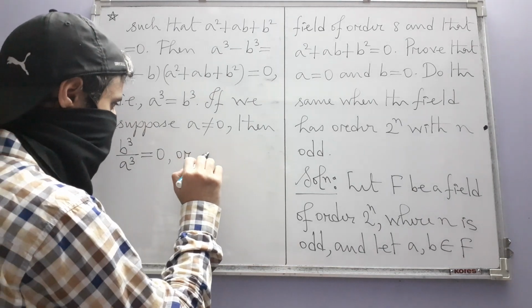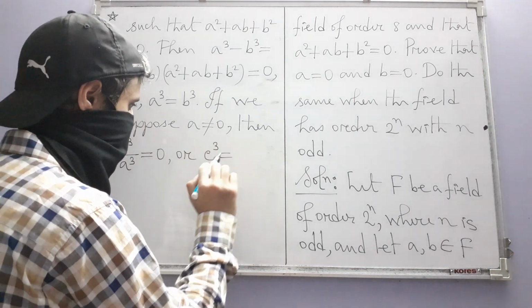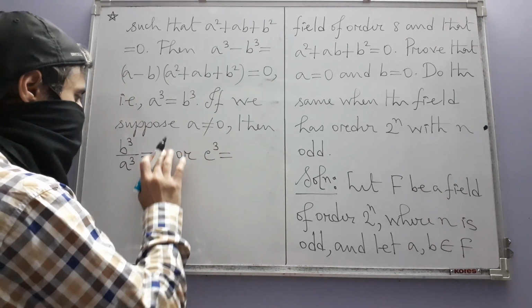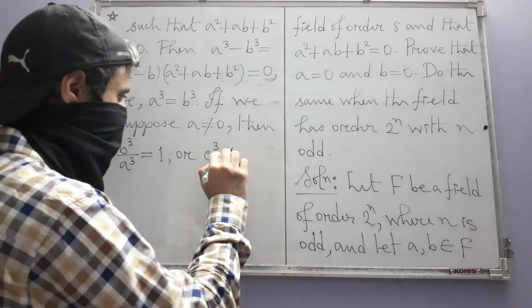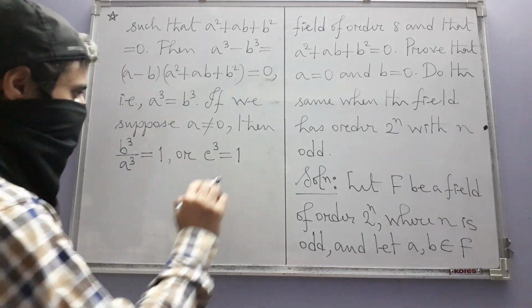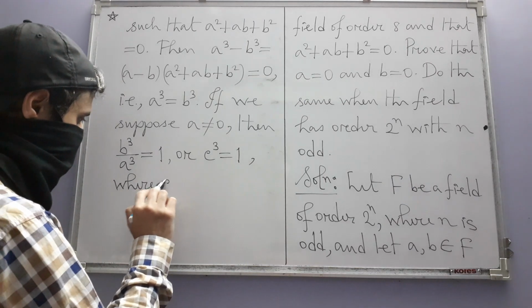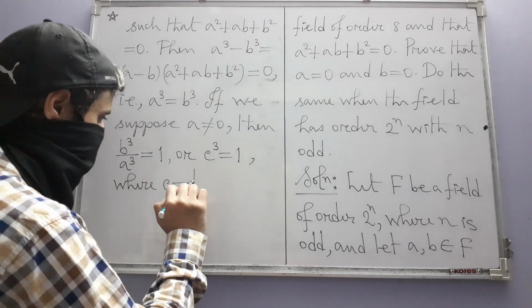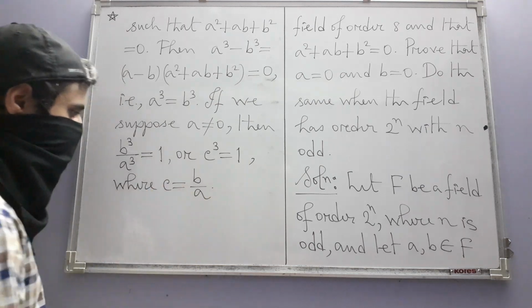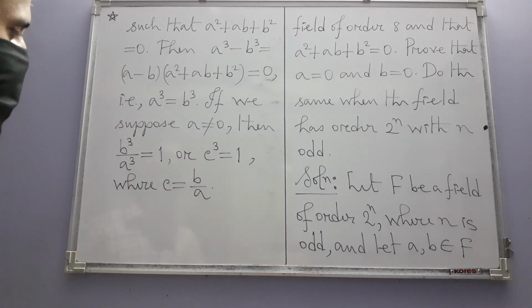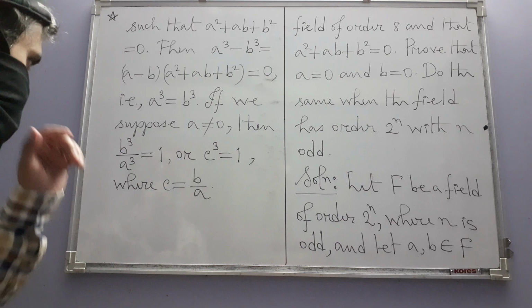Or c cube is equal to 1, where c is just a name given to this element b over a or b a inverse.